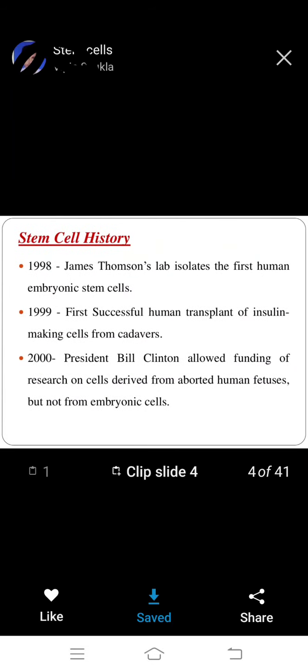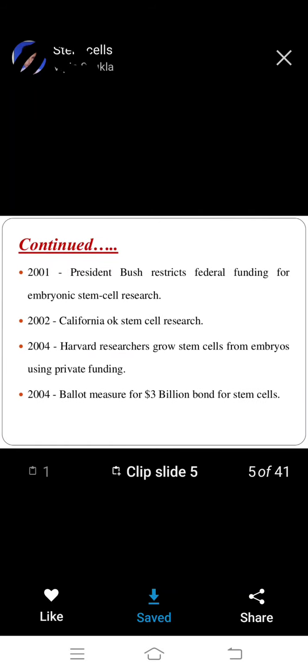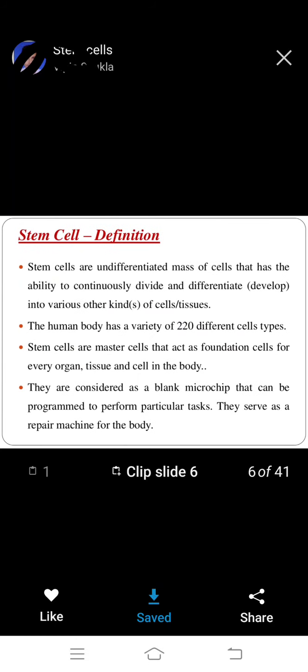Okay, stem cell history. In 1998, Thomson's lab isolated the first human embryonic stem cells. Okay, many scientists contributed after that. Stem cell definition: what are stem cells?